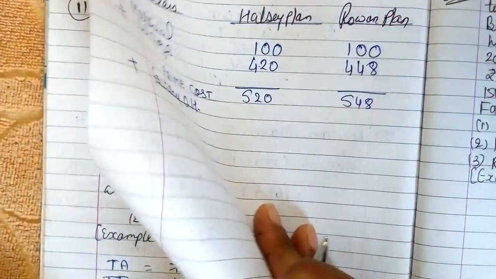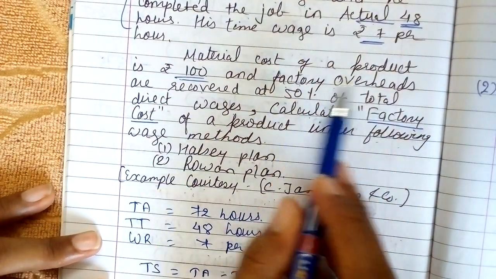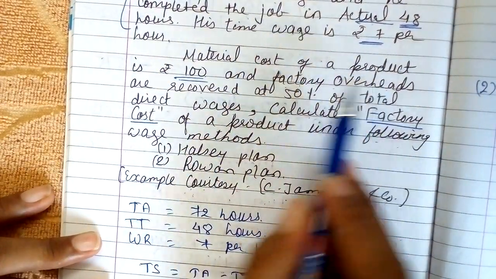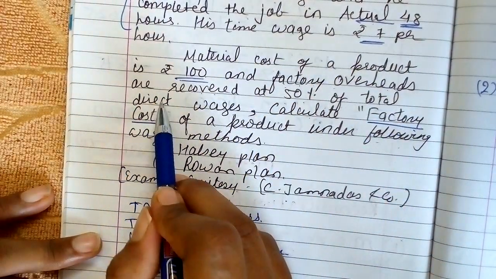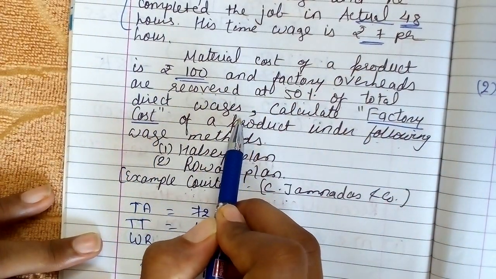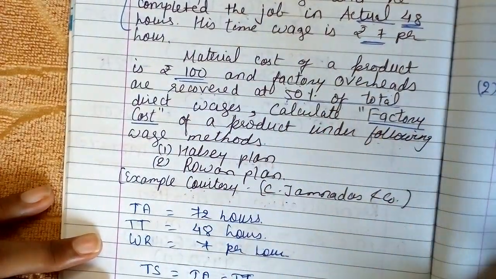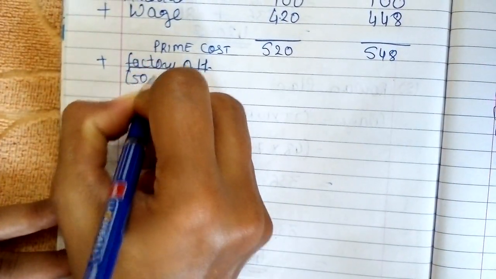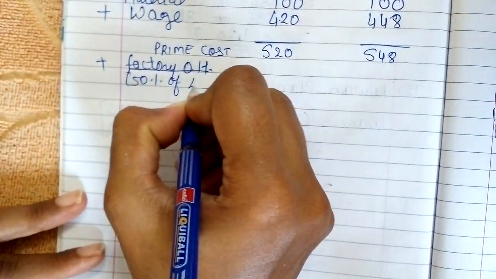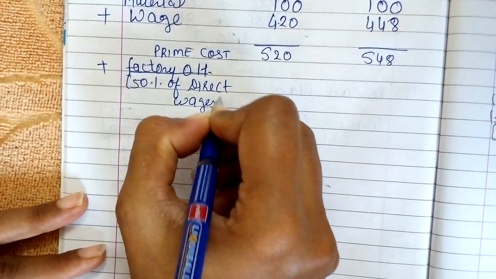What are factory overheads? That information is given in the example. Factory overheads are recovered at 50% of total direct wages. So here we need to write that only: factory overheads 50% of direct wages.